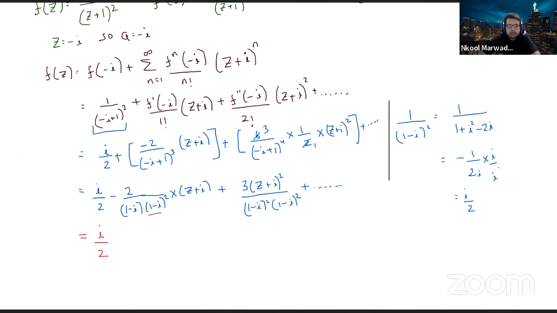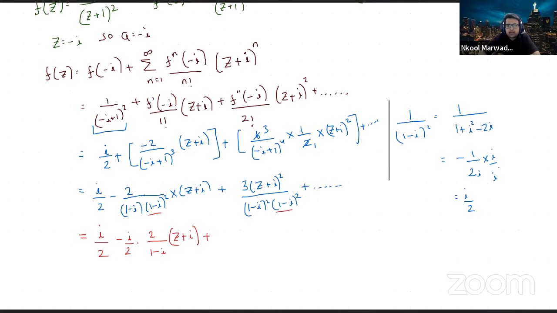So I can write minus i by 2 into 2 upon (1 minus i) into (z plus i), plus, here also I have (1 minus i) square and 2 times I have.